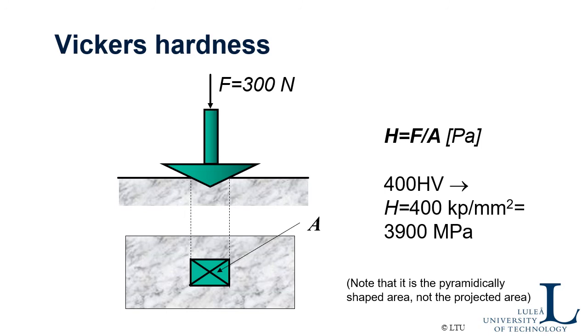That's the definition of hardness. We talk about Vickers hardness in kiloponds per square millimeter, and so 400 HV is 400 kiloponds per square millimeter. That's something like 3,900 megapascals. So you can define it in megapascals as well.